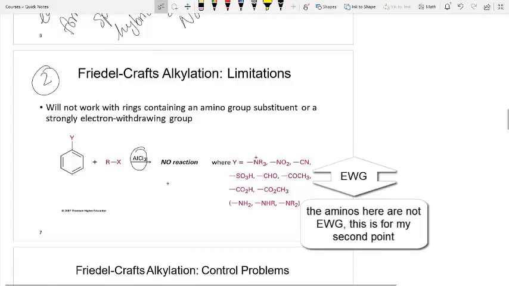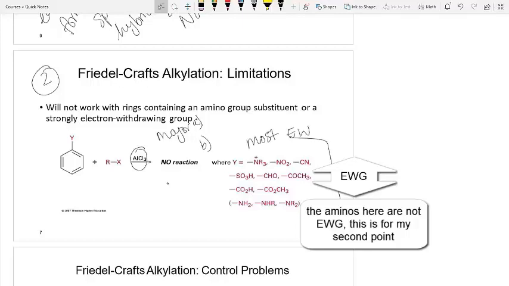The ones listed here are strongly electron withdrawing groups. And sorry, the little things in the brackets at the bottom are not electron withdrawing groups, but everything above it is. These strong electron withdrawing groups make your reaction harder to happen, and because of that, you don't get much alkylation.